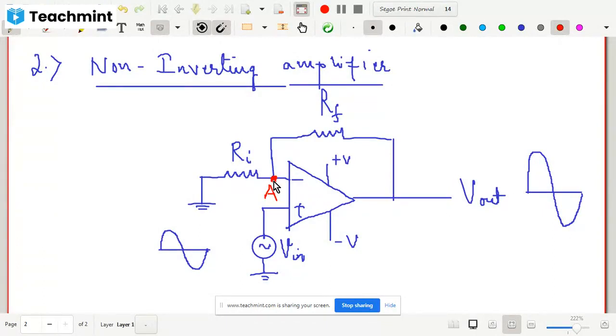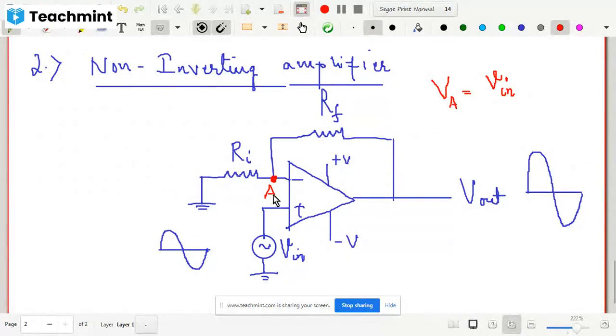All right, so let me tell you that you can use the same virtual ground concept again. That means the potential at this point, if I write it in red color again here, let me call this VA. Now this VA is nothing but your V in, because we are again using the same virtual ground concept.